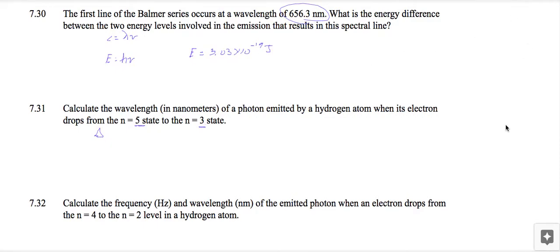We get to use our new equation, and the new equation is going to be these are squared, initial minus final, and R is the Rydberg constant. And the label on that is going to be joules, 2.18 times 10 to the minus 18th joules.